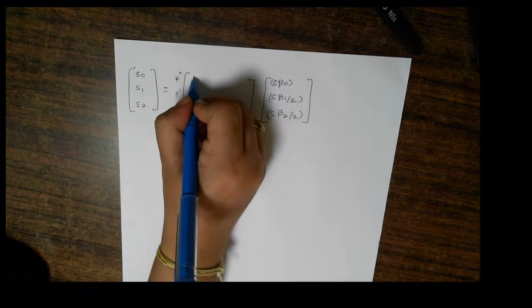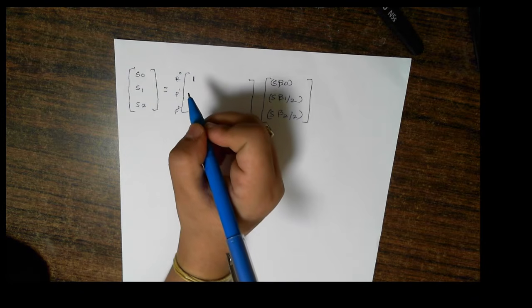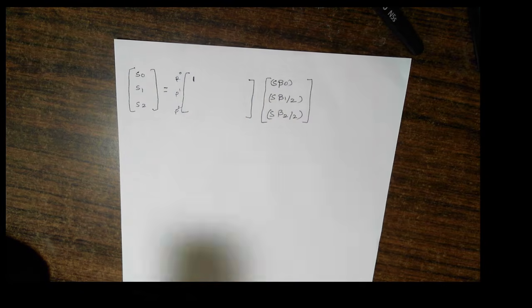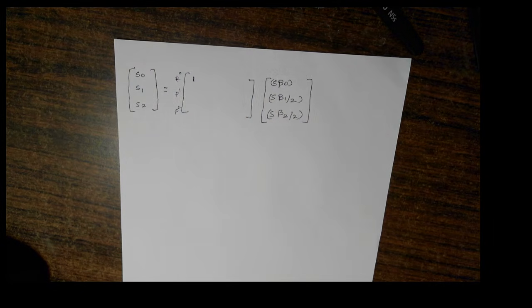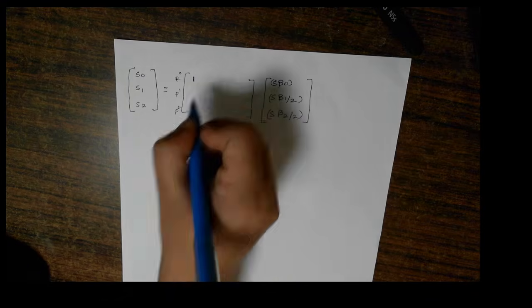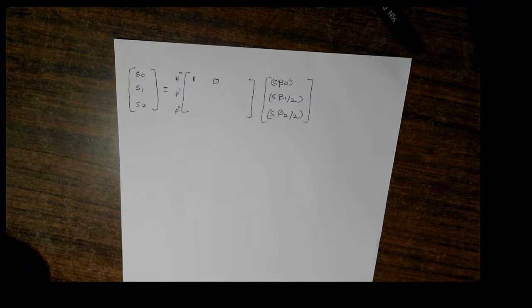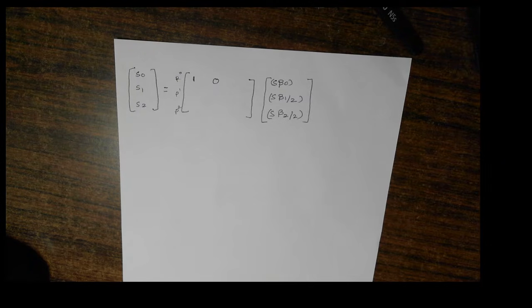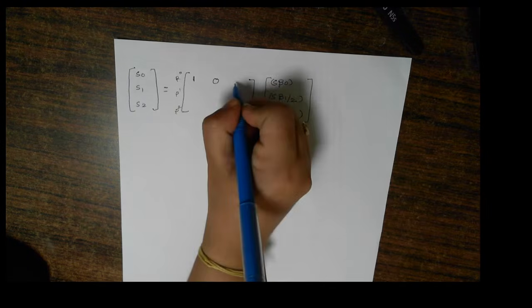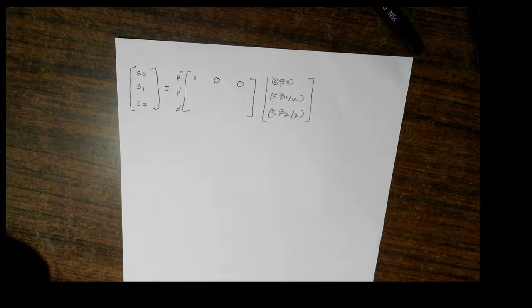So we'll write 1 here. There is no term in s beta 1 having power as p to the power 0, so we'll be writing 0. Similarly, there is no term in s beta 2 with p to the power 0, so we'll be writing 0 here.